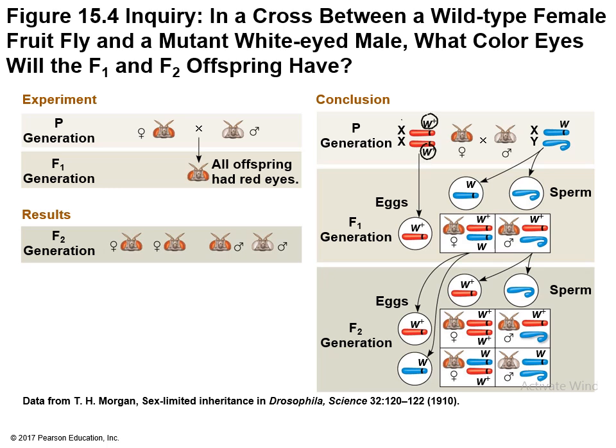So we remember that females have X and X chromosomes, and we can see how the wild-type female has the W plus allele on both of their X chromosomes, while the male has an X and a Y chromosome, and the W allele, which is the mutant allele, is on the X chromosome only, because this is an X-linked trait.